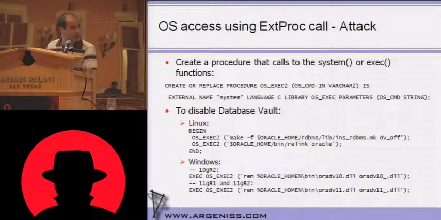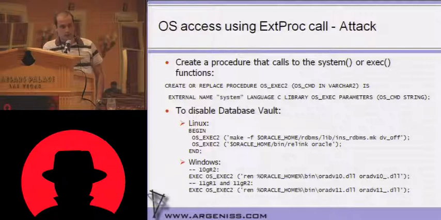So we then just need to call this stored procedure to execute operating system commands. Typically, this will be executed as the same operating system user that the Oracle service is running.